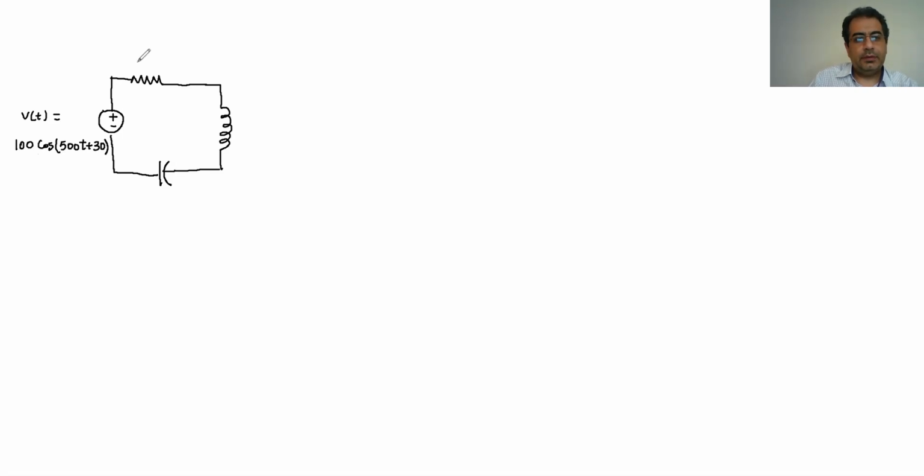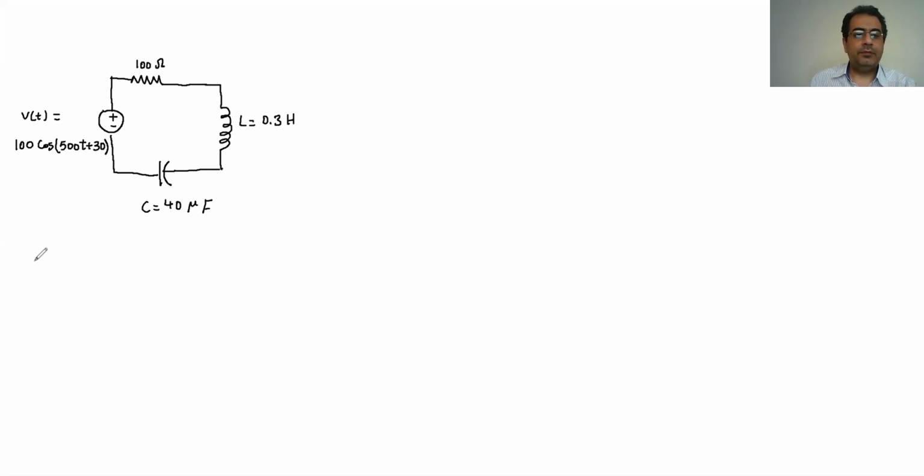The R here is 100 ohm, the L is 0.3 henries, and C is 40 microfarad. I want to see how we can analyze this simple AC circuit and find the current and voltage in all the elements that we have.